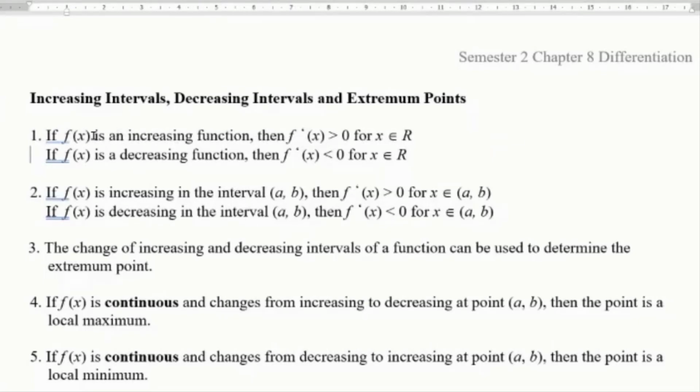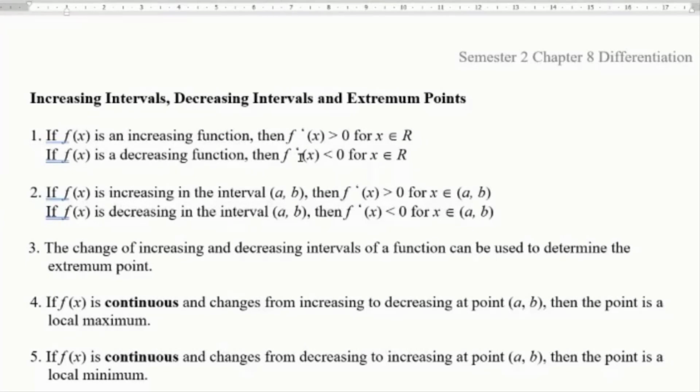If a function is an increasing function, like the diagram just now, using the diagram you can see whether the function is increasing or decreasing. Now by using calculation, you differentiate the graph. If the derivative of the function is greater than 0 for all the domain, the function is increasing, like x cubed.